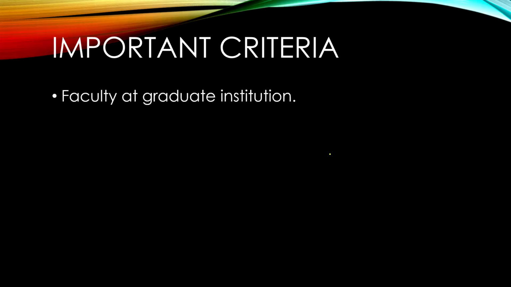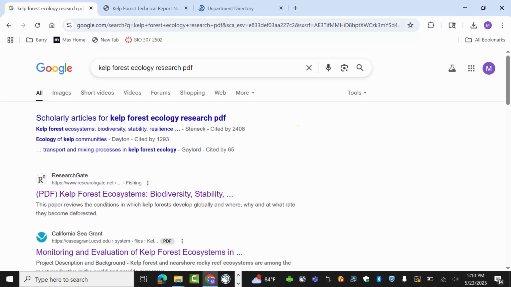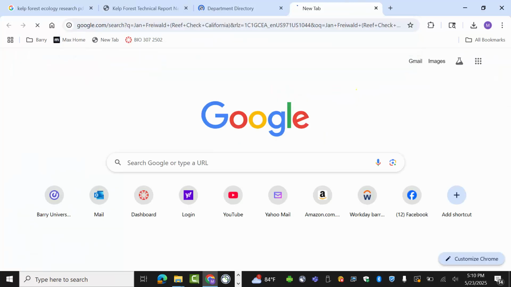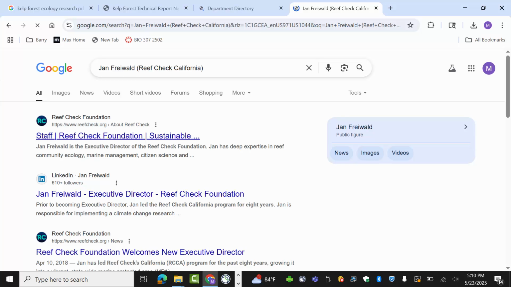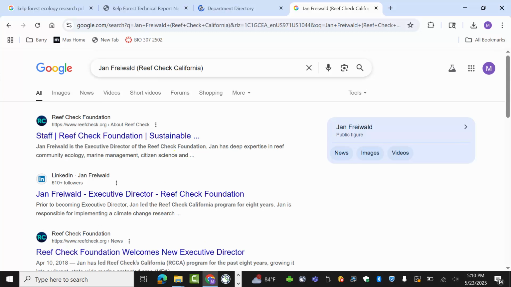So, one, they've got to be faculty at a graduate institution. So, with this kelp forest paper, which I've already closed, did I close it? I spoke too soon. This kelp forest paper, Jan Frywald is at Reef Check. That's not a graduate institution.